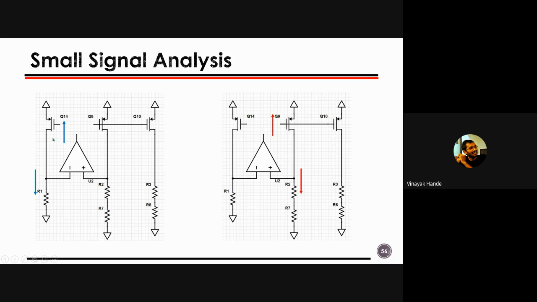For this transistor, how much voltage will I get over here? It is in a negative direction, that is minus GM14 by R1, right? Assuming R0 is quite large compared to R1. And similarly, here you are again reducing the voltage, so here also you'll get something like minus GM9 into R2 plus R7, right?